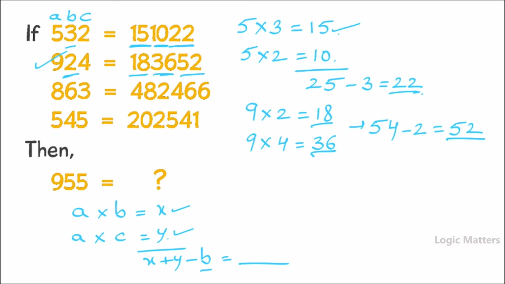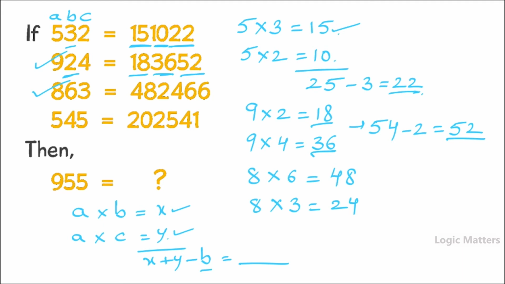Likewise, do it for the other number, that is 863. So 8 into 6 is 48, and 8 into 3 is 24.